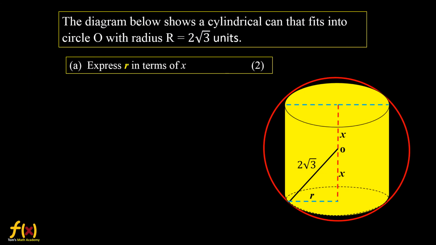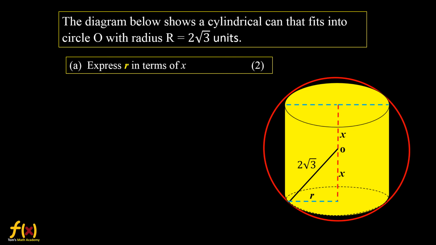The diagram below shows a cylindrical can that fits into a circle with centre O and radius capital R equal to 2√3. Why is it capital R? Because we have another radius of the cylinder in small letter r. So we have to look at the diagram, it is very clear.